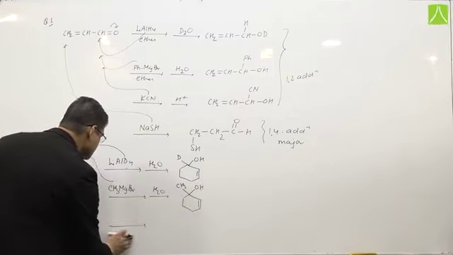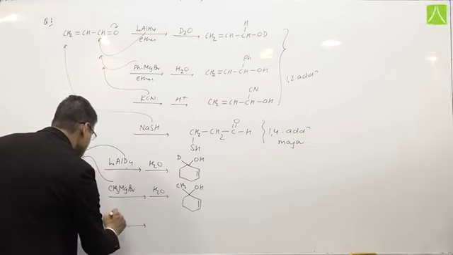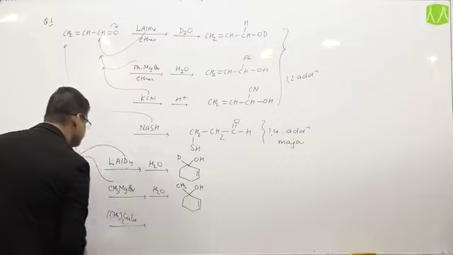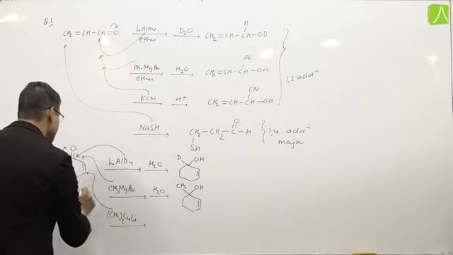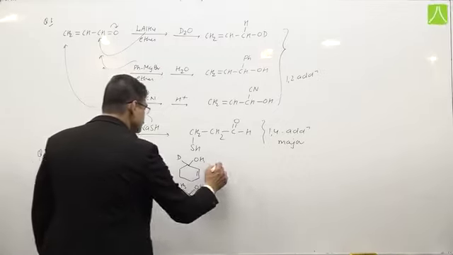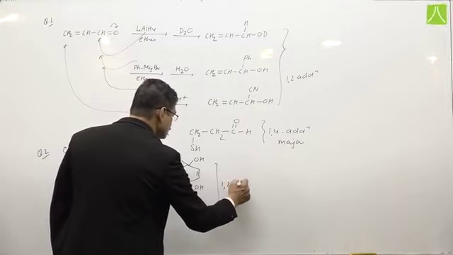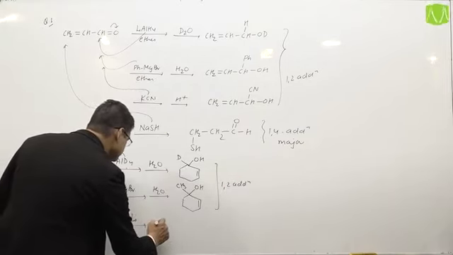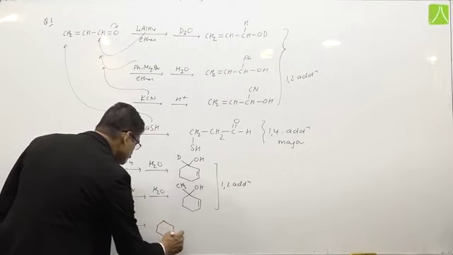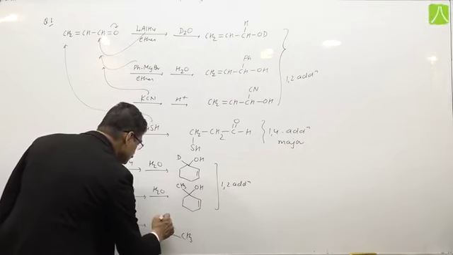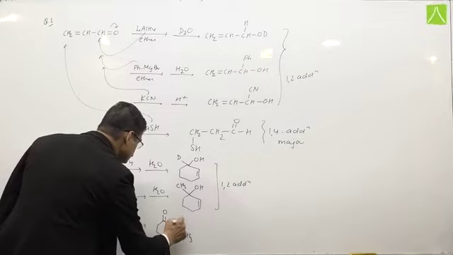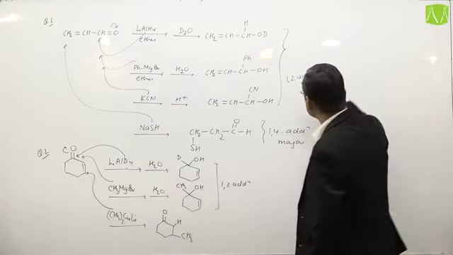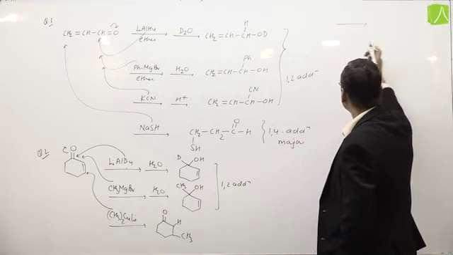But suppose I take (CH3)2CuLi. So it gives 1,4 addition. In the same question, suppose I take KCN.